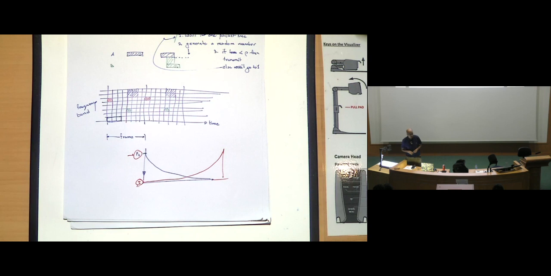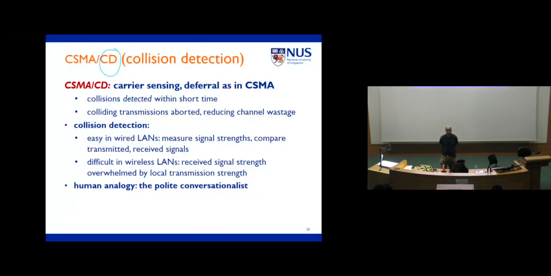So in the interest of keeping things cheap, in the wireless world, we don't do collision detection. We do something else, which is collision avoidance. Essentially, we just try to avoid collision in the first place because it's so difficult to detect collisions. Okay? But in the wired networks, for example, in Ethernet, we will do collision detection.